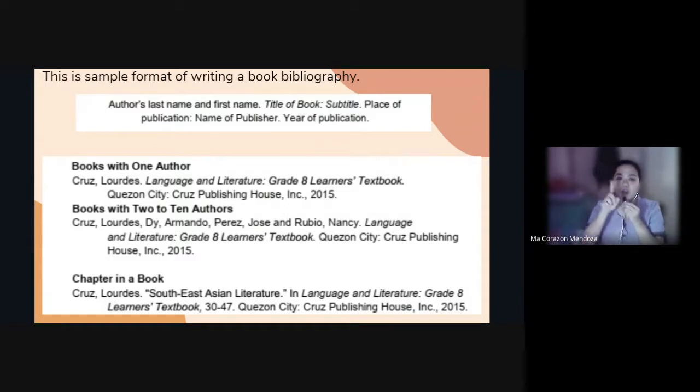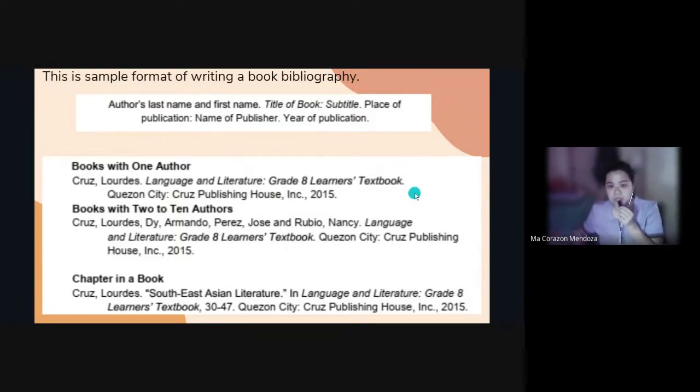Also remember that Language and Literature Grade 8 Learner's Textbook is the title and subtitle. Please write them in italics. So instead of writing in a straight form like this, it should be a little sidewards to the right. I hope you get what I mean.